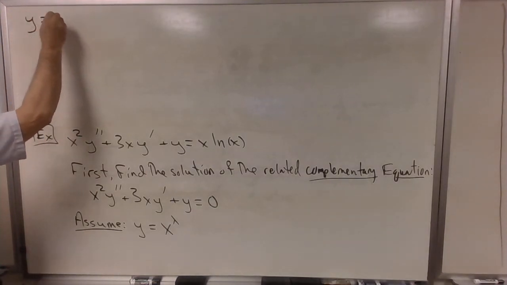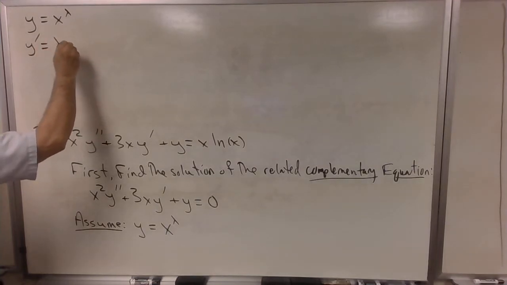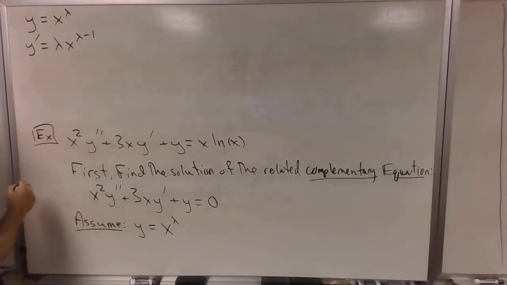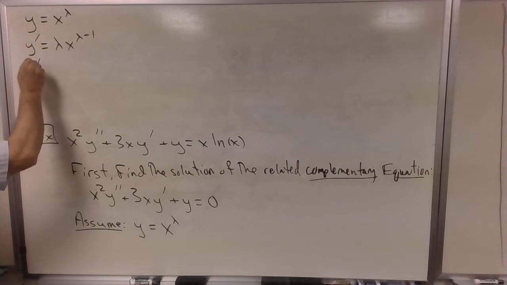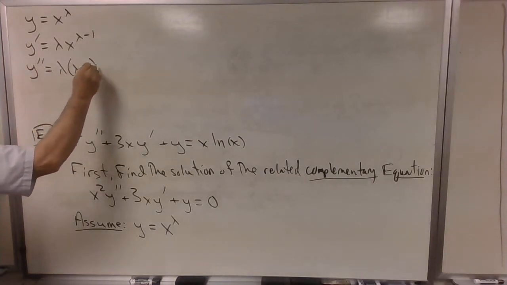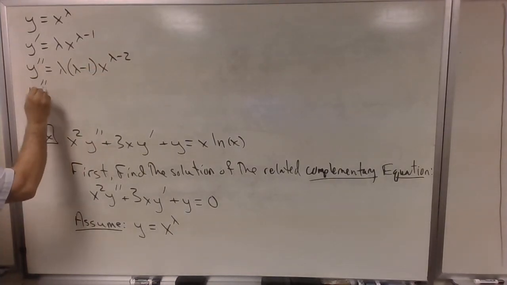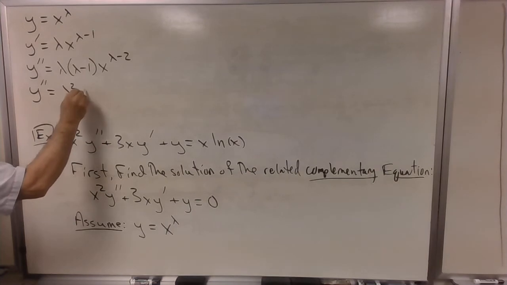So y equals x to the lambda. Y prime is lambda x to the lambda minus 1. Y double prime is lambda times lambda minus 1 x to the lambda minus 2. And we tidy that up a little bit.